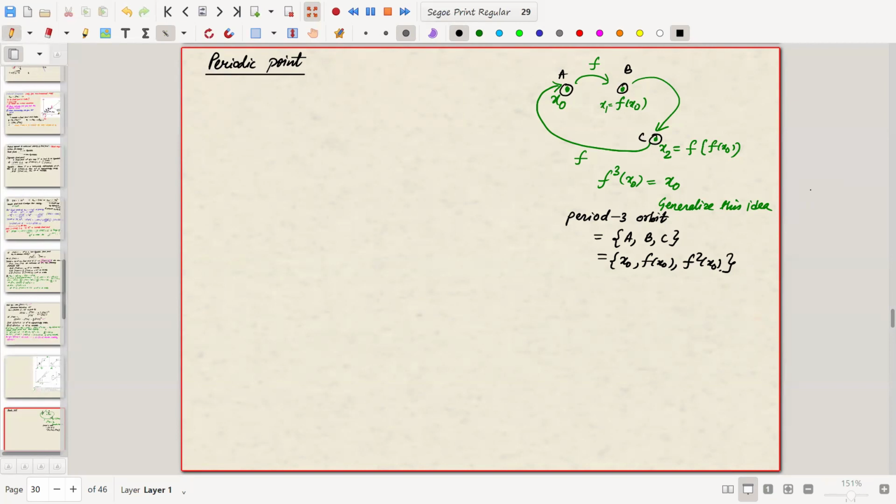Let me write this. Here we reserve x star for fixed point. Here we will use x bar for periodic point.